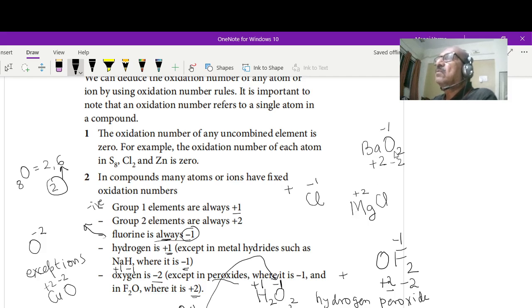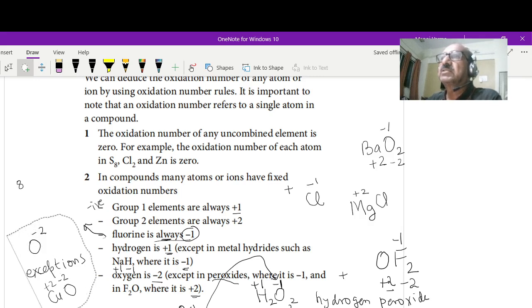That is how we can decide the oxidation number of an element by considering the rules I have explained. Now let's go to some other examples and concepts for considering the oxidation number.